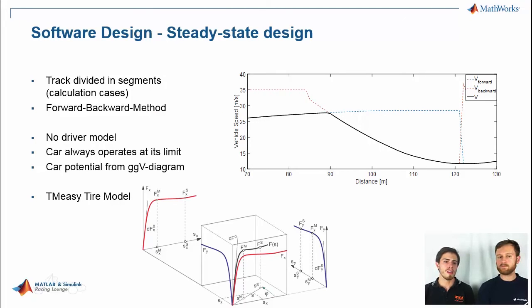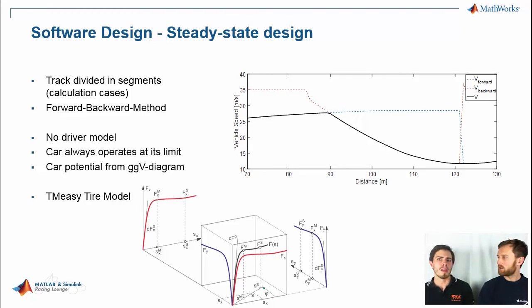So steady state means that we divide the track into segments, and each segment has its radius, a corner radius. The point where the corner radius is minimum is defined as an apex. So the segments are between these apexes, throughout the whole track.